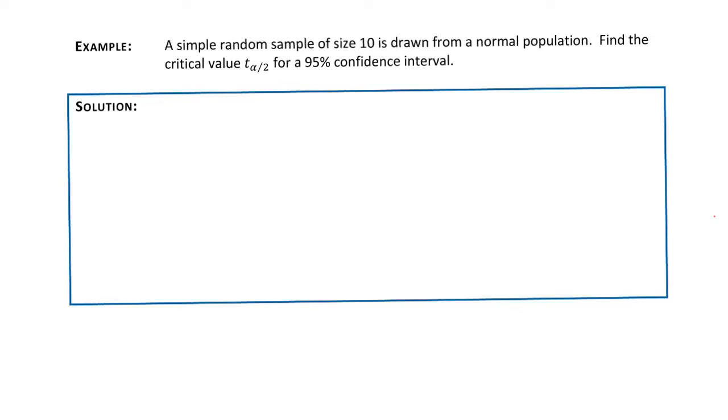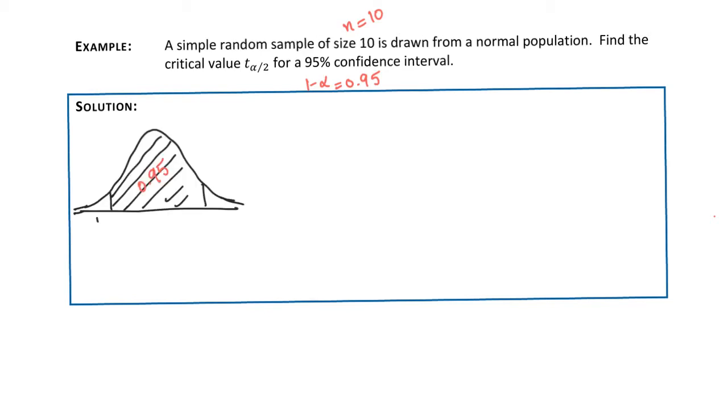In this example, we want to find a critical value for a 95% confidence level. Sample size is given, that is 10. First draw the student t curve. So this is 95%. So the remaining area, these two, will be 5%. Then the area on the right side of the student t distribution is 5% divided by 2, because these two areas are equal.